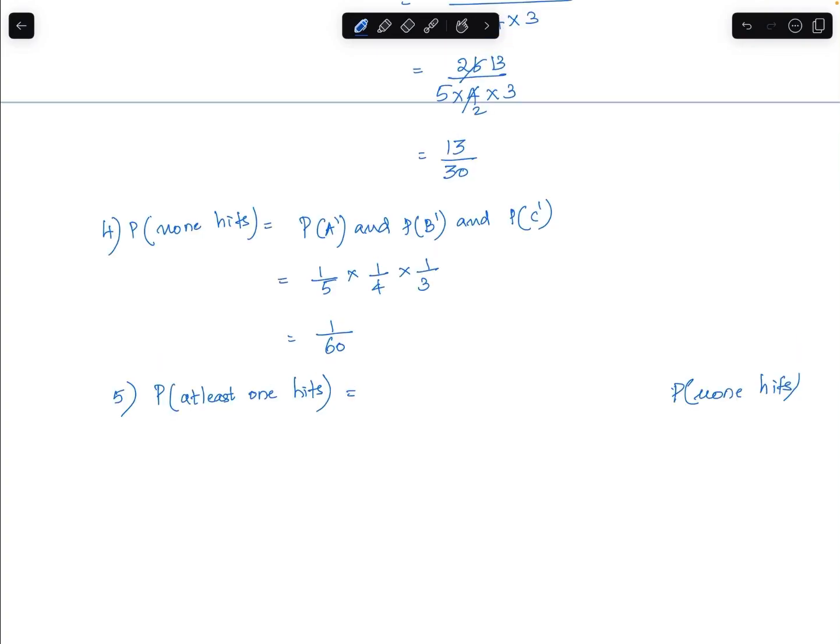If we subtract P of none hits from the total probability 1, then we will get at least one hits, which is 1 minus none hits, 1 minus 1 by 60, which is 59 by 60.